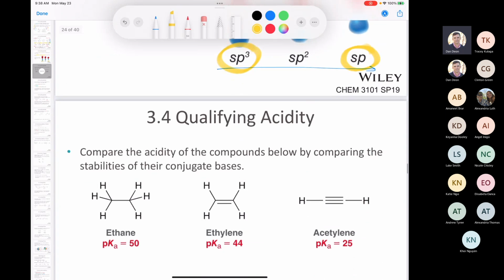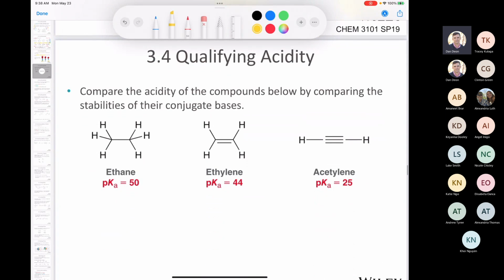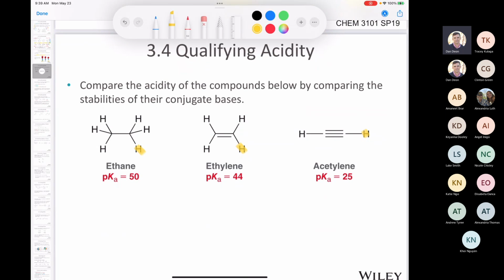So let's take a look at 3 protons. Let's take a look at this proton, and this proton. We see the relative pKa's of ethane, ethylene, acetylene. They're all just carbon-hydrogen bonds. Why do they have different pKa's? It's based off of the carbon atoms. This carbon is sp3 hybridized.